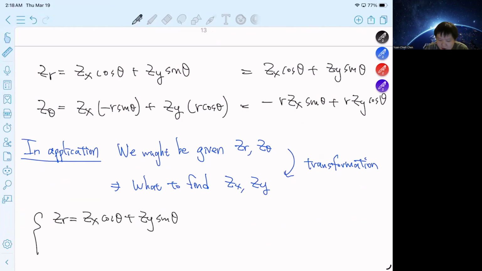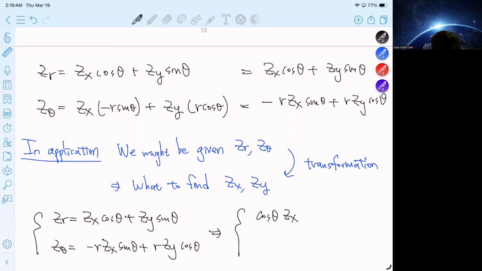So basically now we want to rewrite everything in terms of Zy and Zx. Z theta will be negative R Zx sine theta plus R Zy cosine theta. So maybe I write this: cosine theta Zx plus sine theta Zy equals Zr.